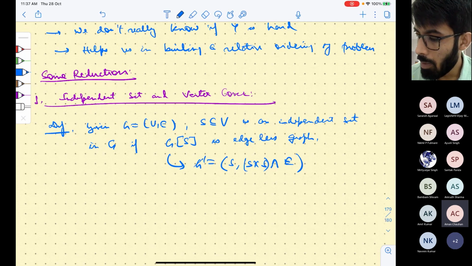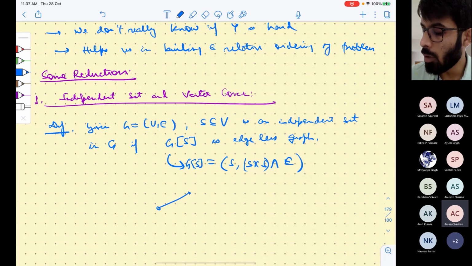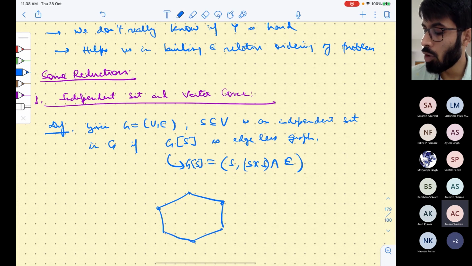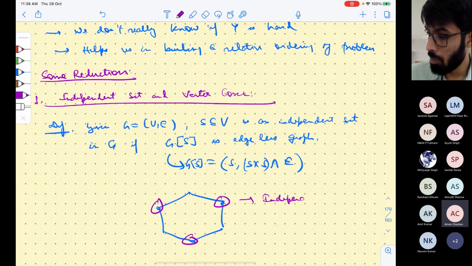Let's call it G_S. Okay. So what is an independent set? You have a graph and you have a set of vertices. So suppose you have a hexagon, then what is an independent set? This is an independent set, because there is no edge between any two vertices of that.